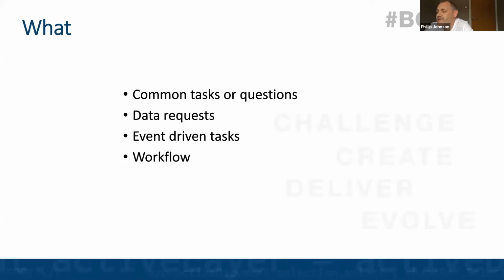Data requests, so again, things like someone's got a tracking number or a policy number and they want some data about that. Event-driven tasks, so things like alerts. You can have automation wired up to your alerts for your software.